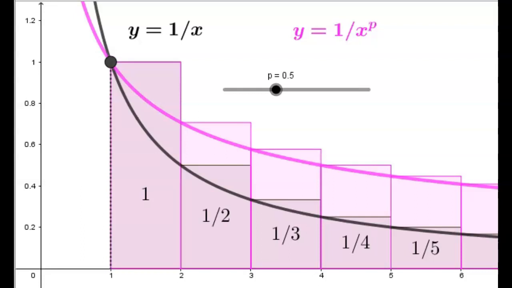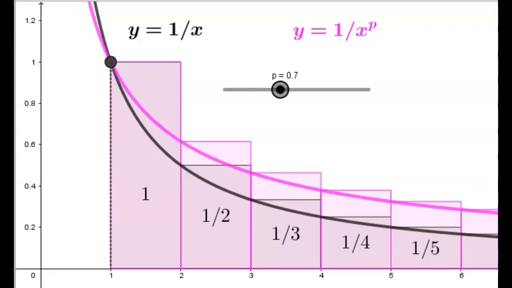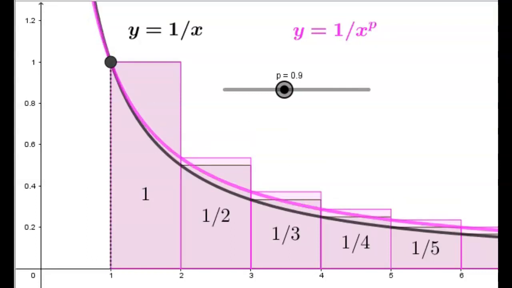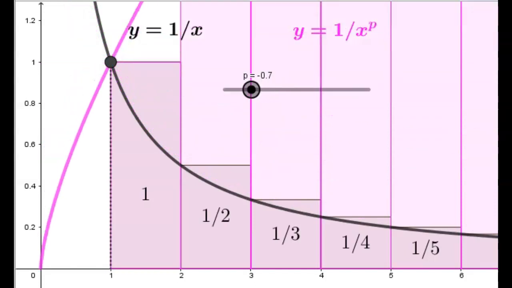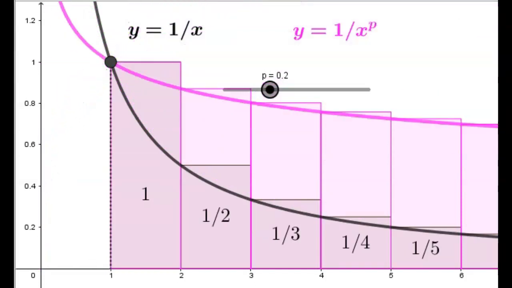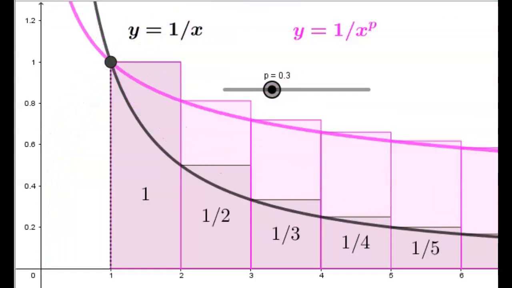And what I want to show you here is that there was nothing special about p being 1/2. Yeah, the p-series diverges when p is 1/2, but it also diverges when p is 0.7 for the exact same reason, or 0.9, or 0.3, or minus 0.2, or any value of p that is less than 1.